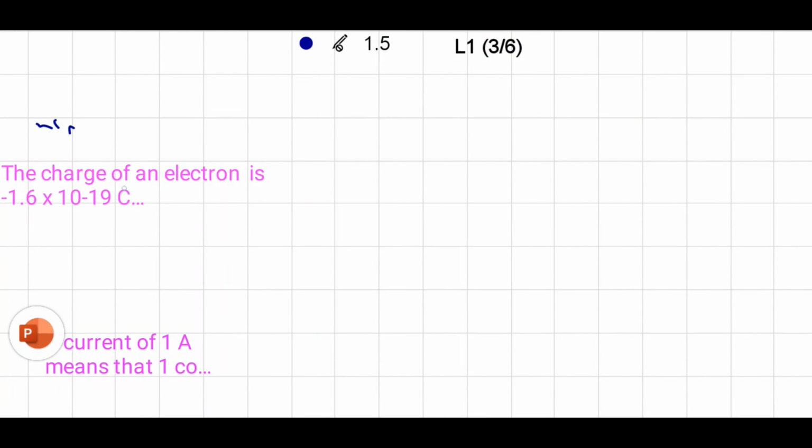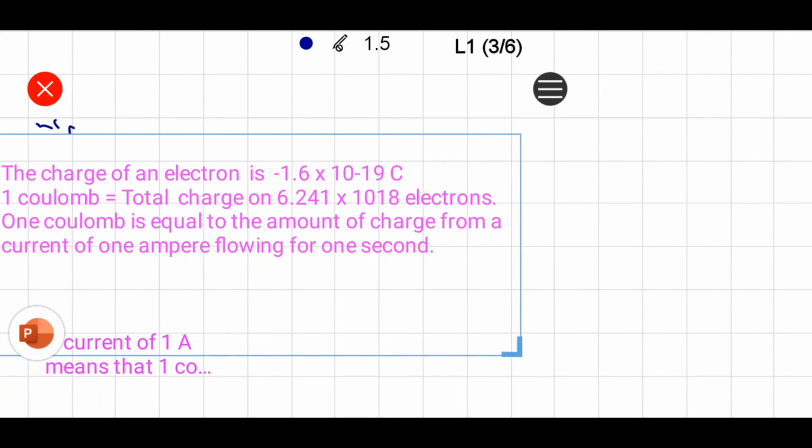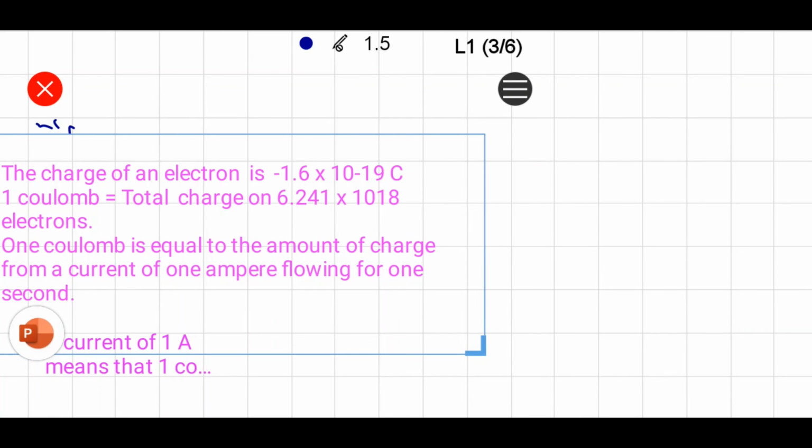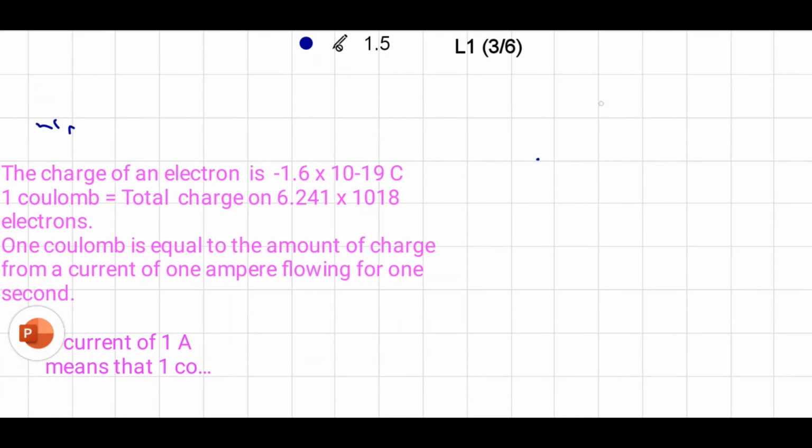Now let us talk about the charges. You should remember the charge on an electron. If we consider one electron, then the charge on one electron is minus 1.6 into 10 raised to minus 19 coulomb. That you should remember.